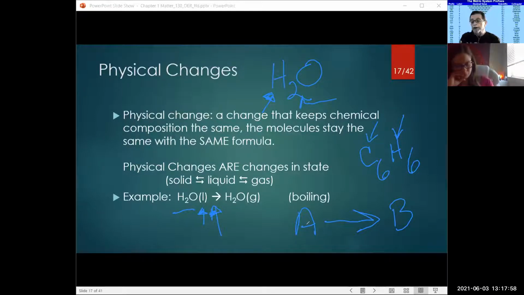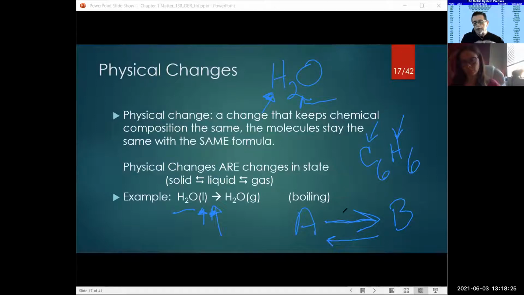To the right of the arrow are the products. Now, we have this arrow going from left to right, which means it's a one-way road, okay? We will have examples where we have two arrows, one going to the right, one going to the left. What that tells you, that's a two-way road, and we have what we call an equilibrium, but more on that later on.